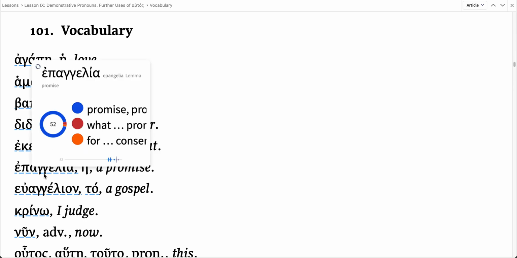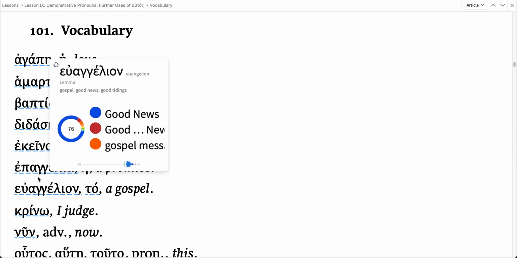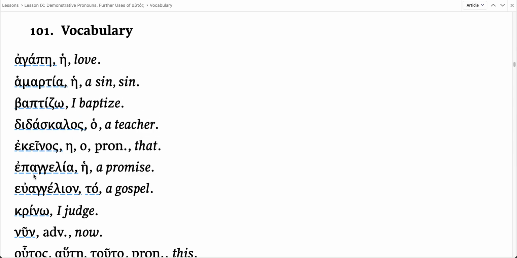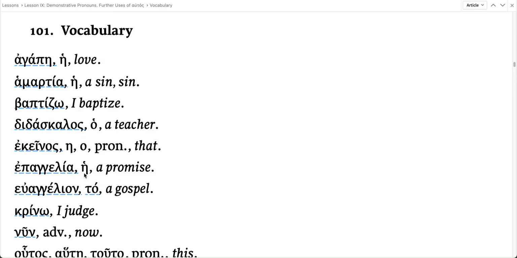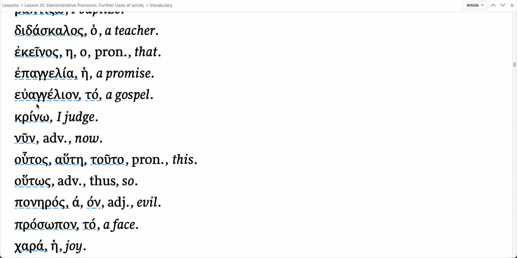So when you have the two gammas together, remember it can be like an ng type of sound, epangelia. Epangelia is the word for promise, like God makes a promise. Euangelion, to euangelion, that's neuter. To euangelion is the gospel, so it's the gospel message. We get the word evangelist derived from that.